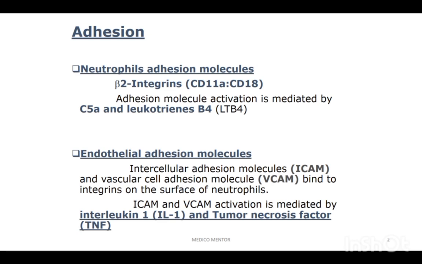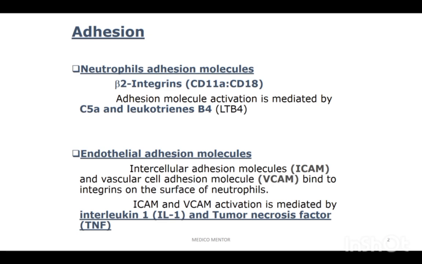The neutrophil adhesion molecules, mainly the beta-2 integrins, interact with the endothelial adhesion molecule, mainly the intercellular adhesion molecule. Before this interaction occurs, these molecules should be activated.